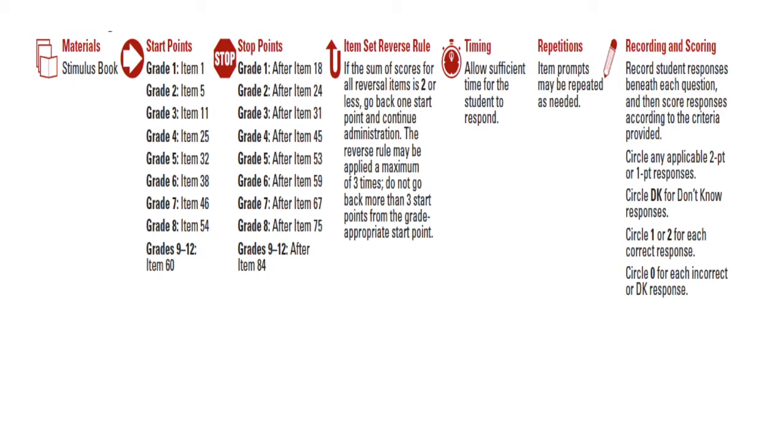Also, there's information on what prompts you can repeat to students and how often you can repeat them, and some specific scoring criteria for that subtest. So you would circle 1 or 2 point responses or 0 point responses based on specific criteria. Okay, so the top of every subtest scoring sheet will have this information for you.